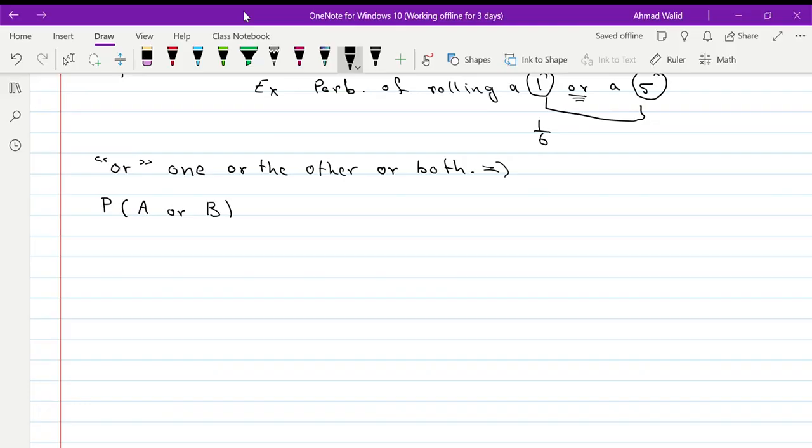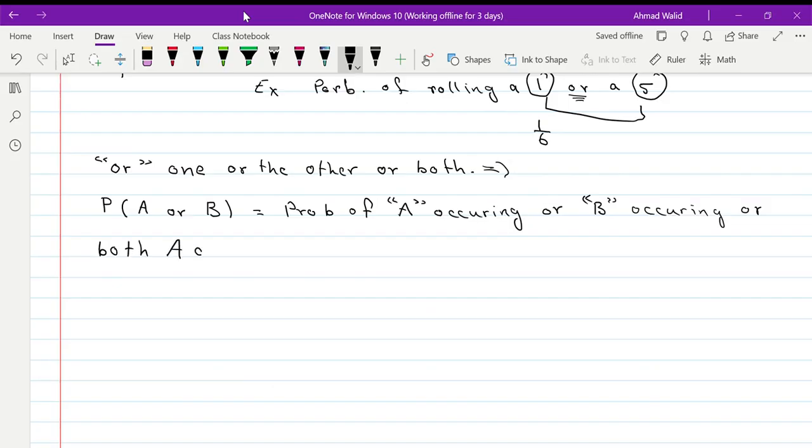It means the probability of event A occurring or B occurring or both A and B occurring.